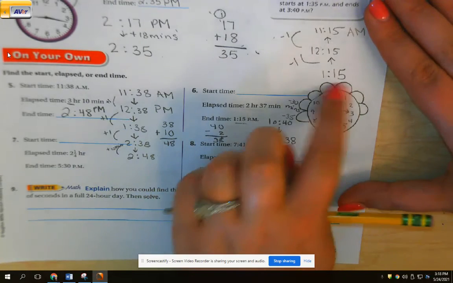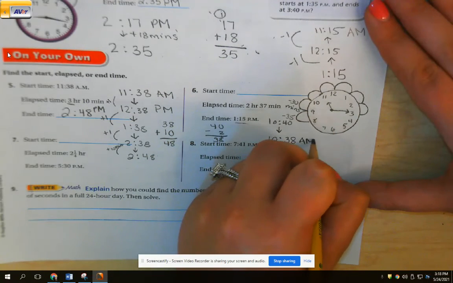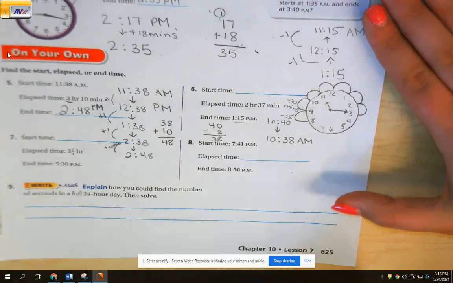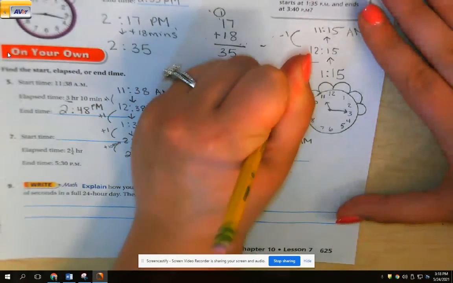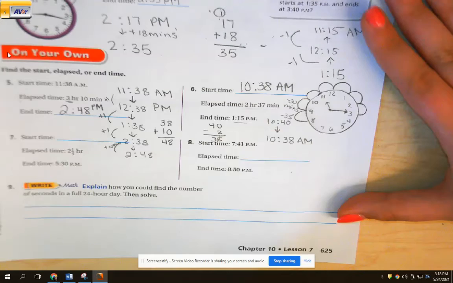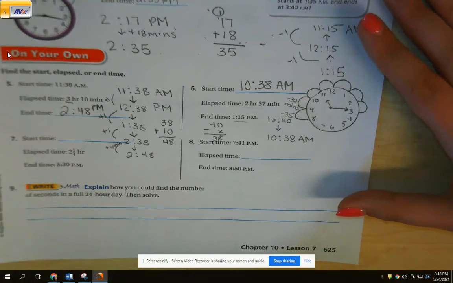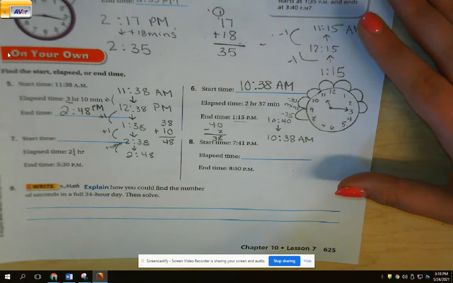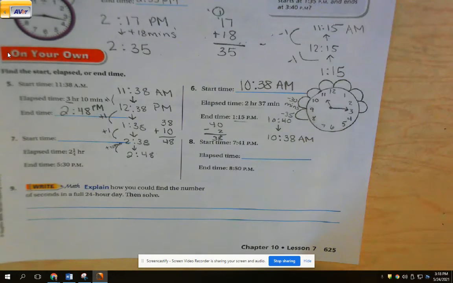And since we went backwards past 12, it would go from PM to AM. So 10:38 AM was the start time. Pause the video if I'm going too fast.